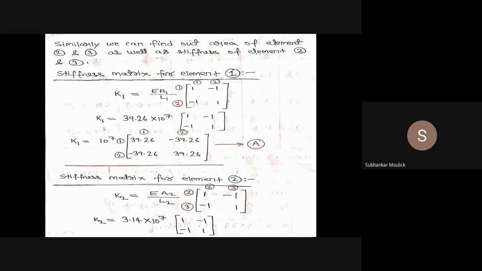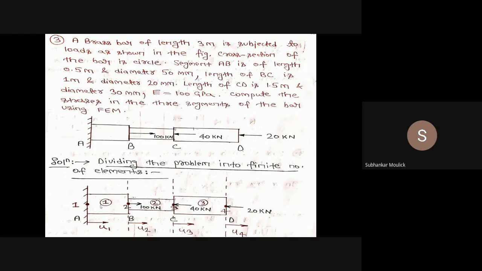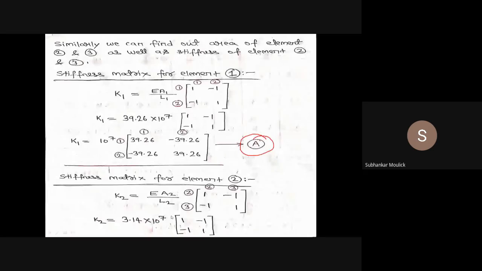Then the resulting stiffness matrix becomes K1 is equal to 10 to the power 7 times 39.26, minus 39.26, minus 39.26, 39.26, because 39.26 into minus 1 is minus 39.26 and 39.26 into 1 is 39.26. So this is equation number A, which is nothing but the local stiffness matrix for element number 1. Is it clear to all of you? Any doubt so far?